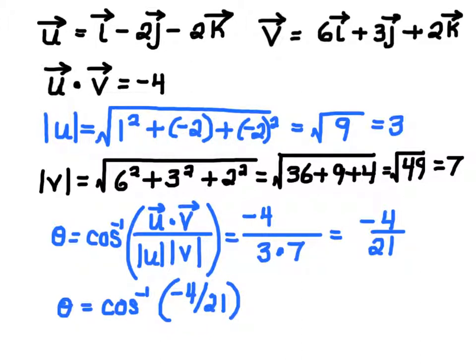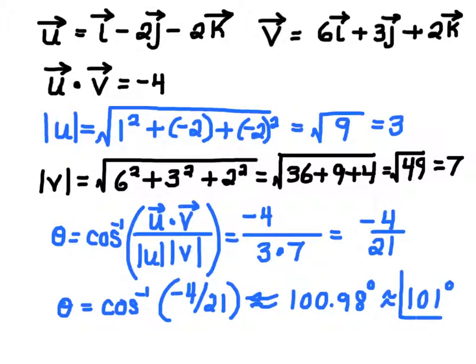And when we put that into the calculator, we get approximately 100.98 degrees. So I would round that to 101 degrees, and that's theta, the angle that is between u and v. Let's box that answer.